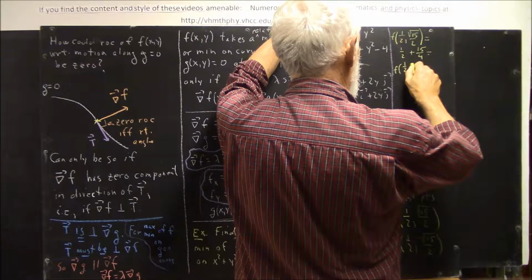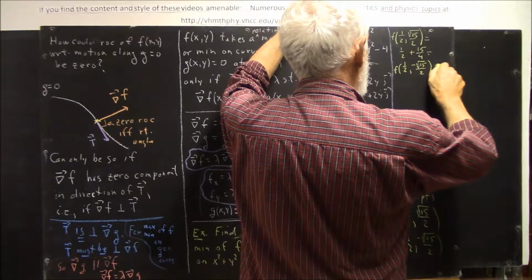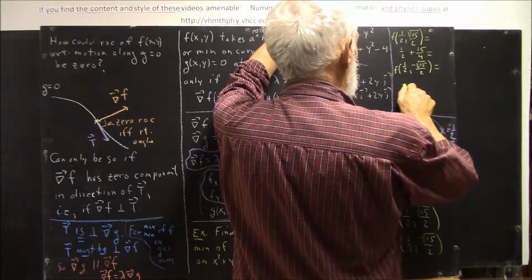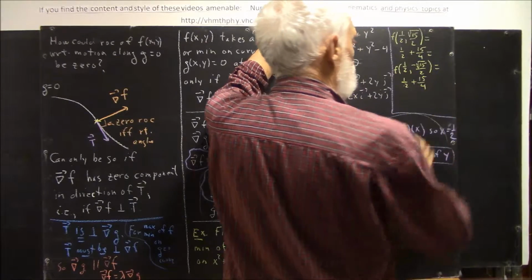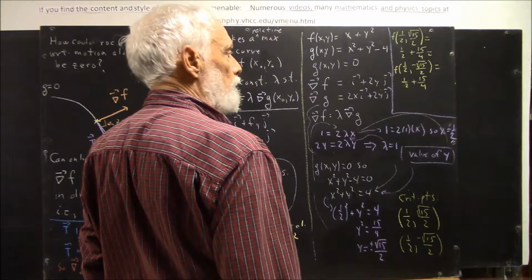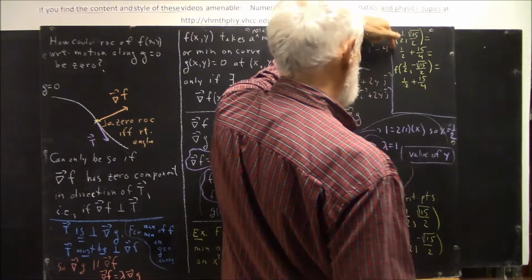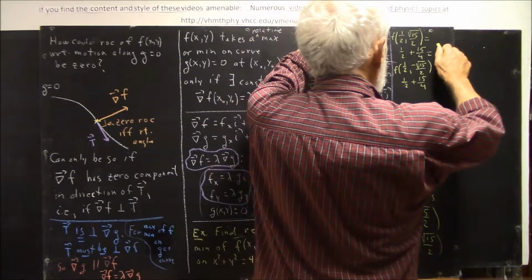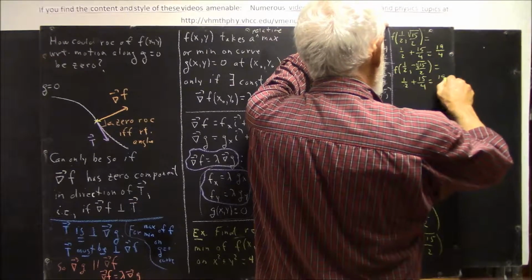I get f of 1/2, negative square root of 15 halves. What's that equal? Well, again, that equals 1/2 plus 15 fourths. Okay? So, well, I can add this. 1/2 is 4 fourths, so our result is 19 fourths both times.